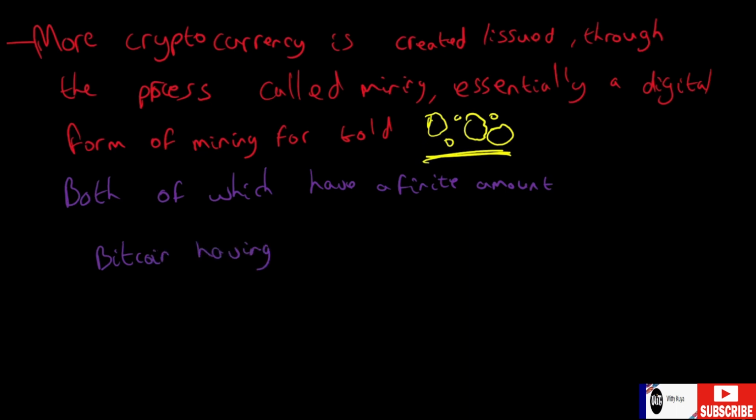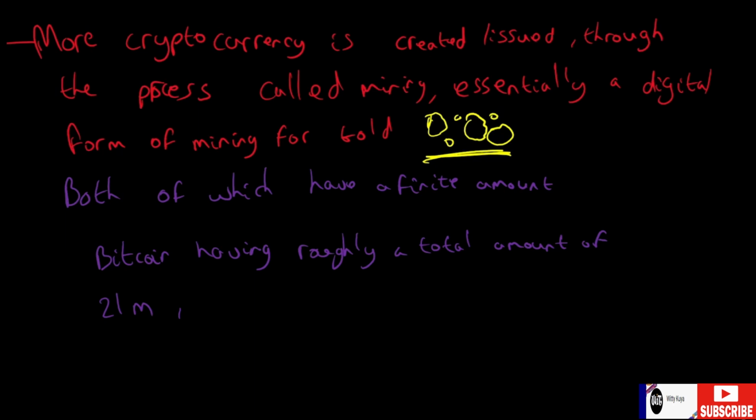having roughly a total amount of 21 million, but the currency Bitcoin can be split into smaller denominations, so you don't have to transfer whole number Bitcoin.